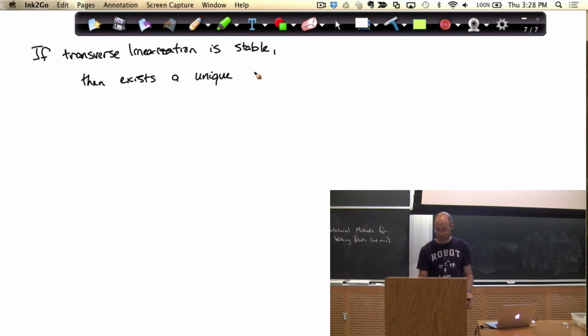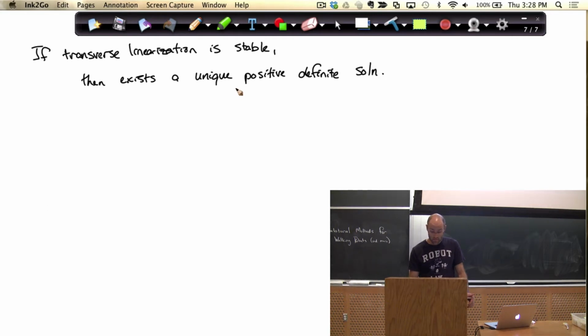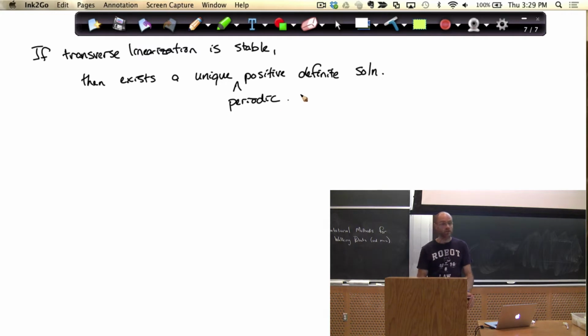This should sound familiar, but it's an extension to this, it's a unique periodic positive definite solution to my Lyapunov equation.